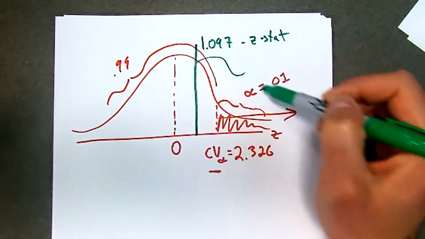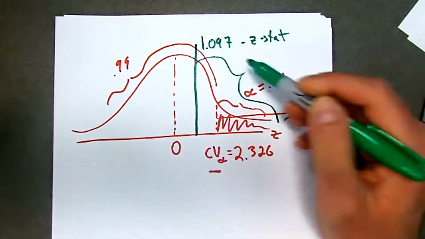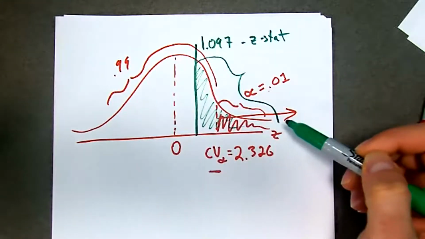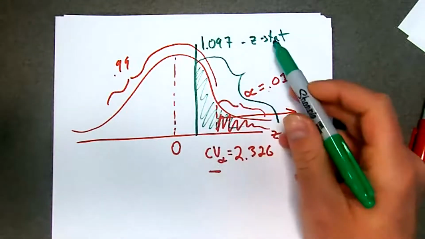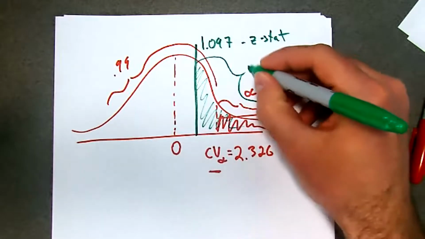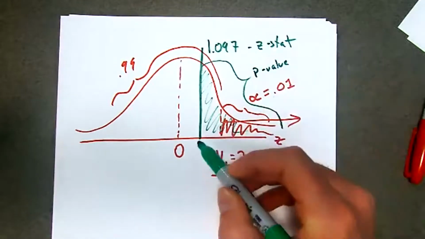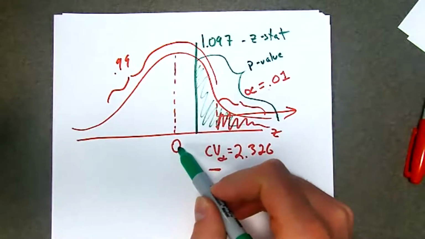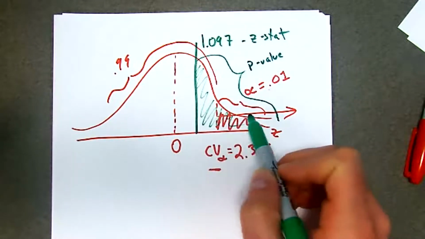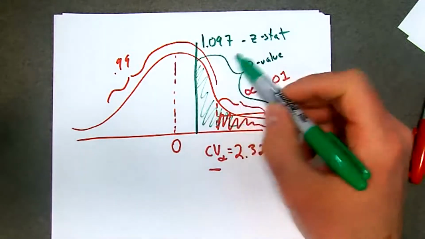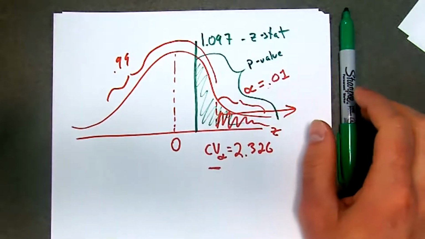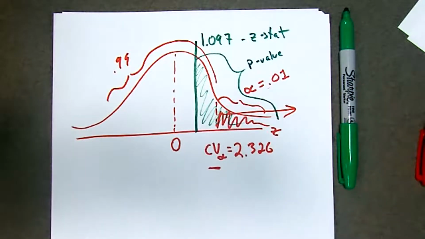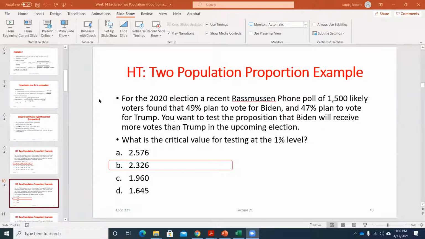So if I wanted to find the area to the right of my Z statistic for a right-tailed test, this would represent my p-value: the probability I saw something as far away from the assumed true difference as I did, or anything even further. So if I want to find the area to the right of 1.097, I can use my standard normal table. I have something out to the third decimal, so I have to round it to the second decimal. 1.097 rounds to 1.10.